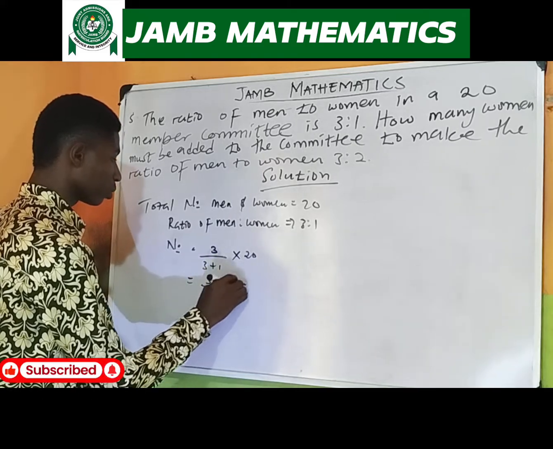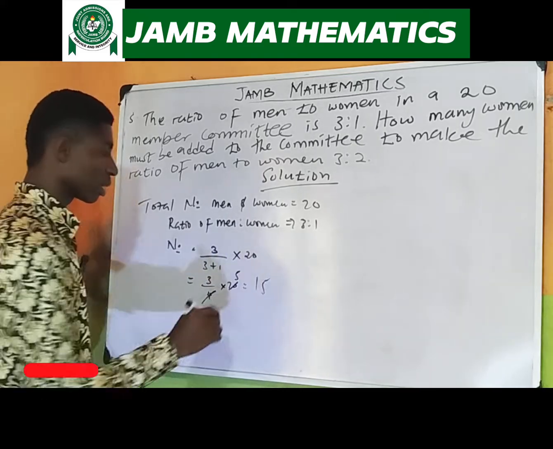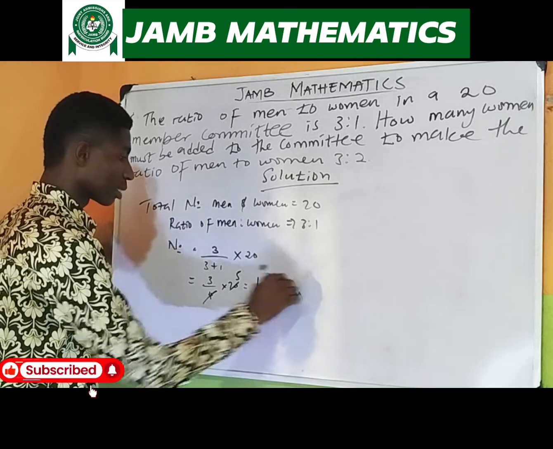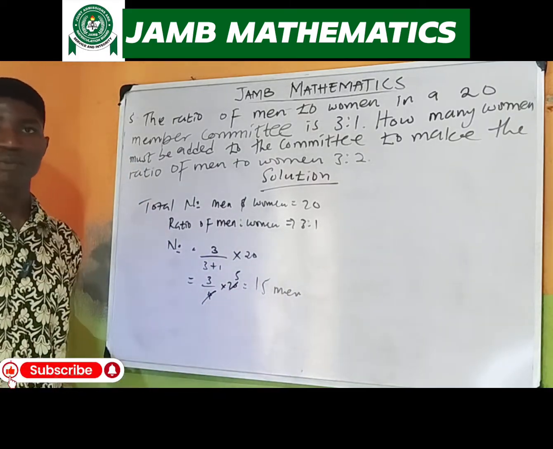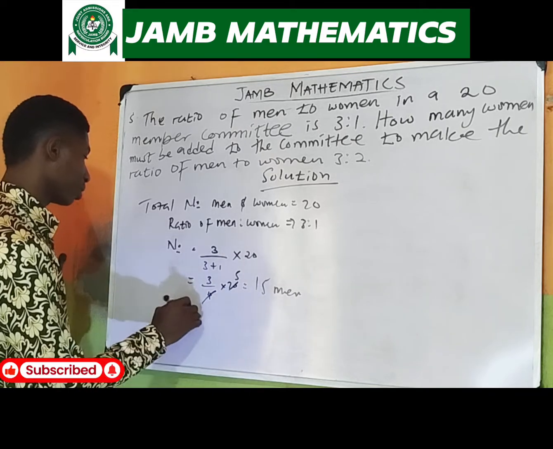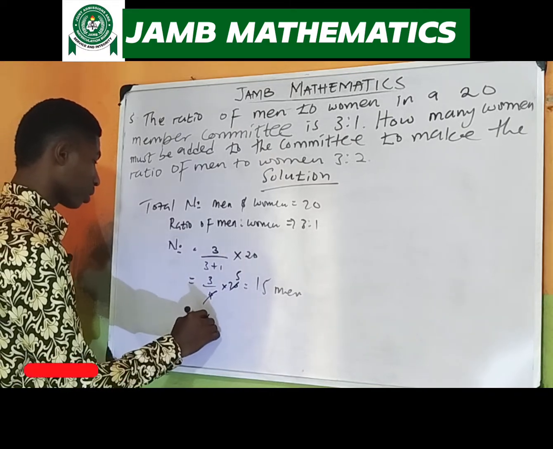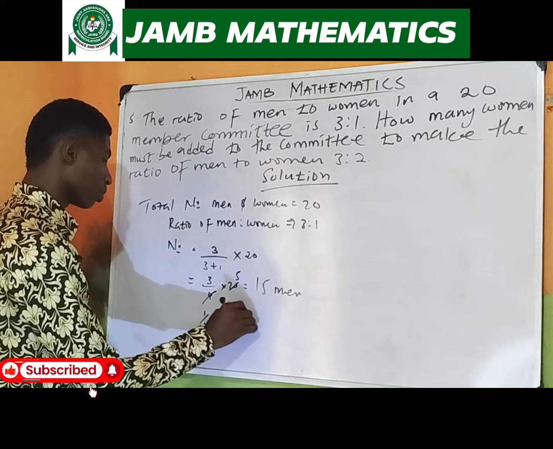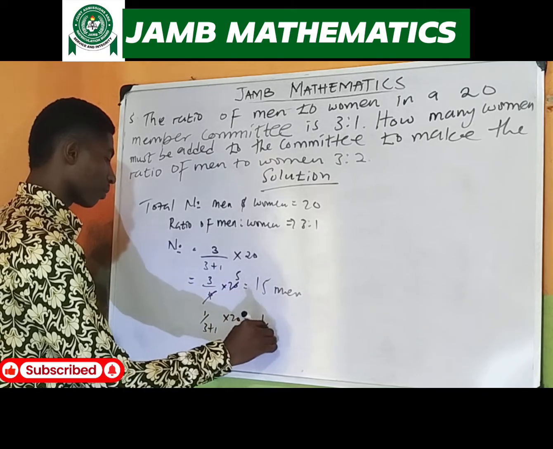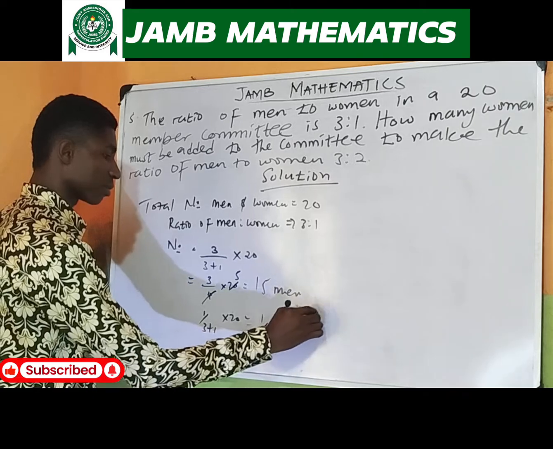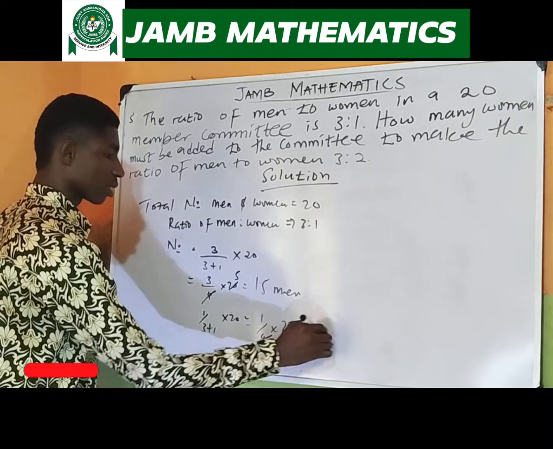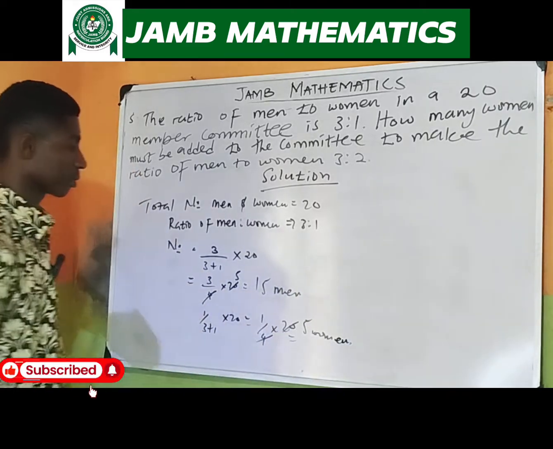This gives us 4 cancels 20, 5 times 3, hence we have 15 men. If we have 15 men, this means that we have what? 5 women. Or you can just compute it by 1 over what? 3 plus 1 times 20, which is 1 over 4 times 20, which is 5. Hence, we have 5 women.